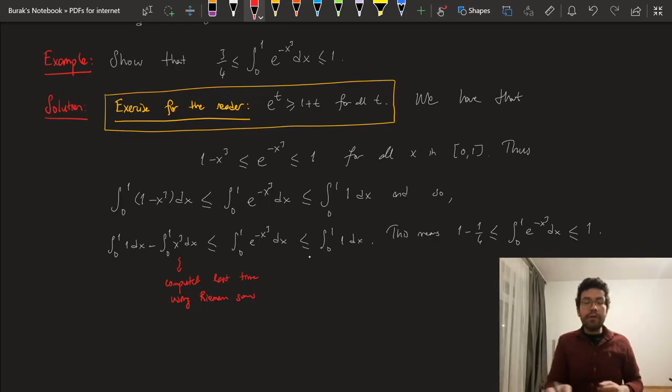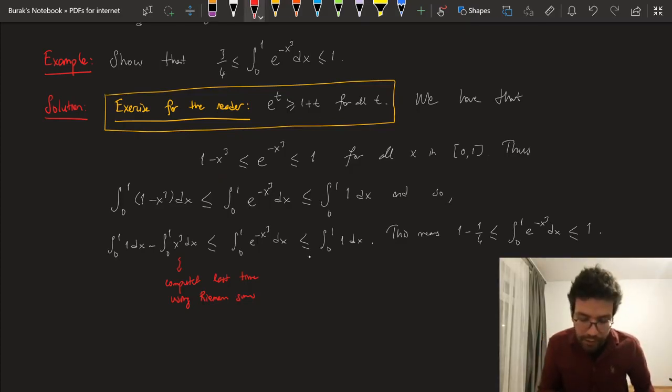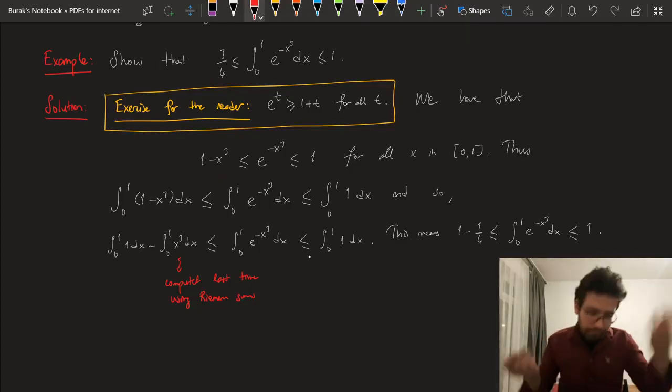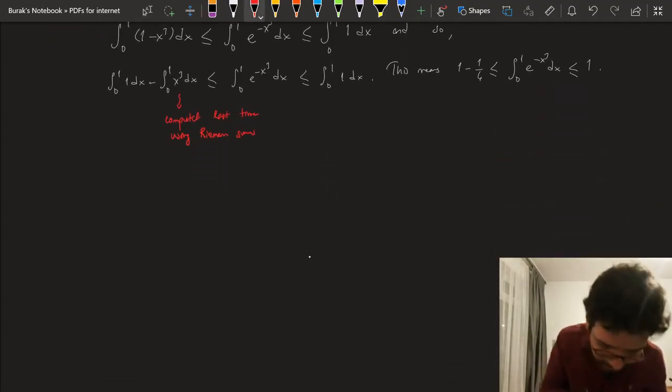So I need to integrate 1 plus t, and the Riemann sums are easy to compute for 1 plus t, or if instead of t we put x cubed. So the Riemann sums for this term are easy. We actually computed them last time, like we computed the integral of x cubed over 0 1 using Riemann sums. So we use that, and the result follows. So I should not waste your time with this simple example. I should solve more examples.